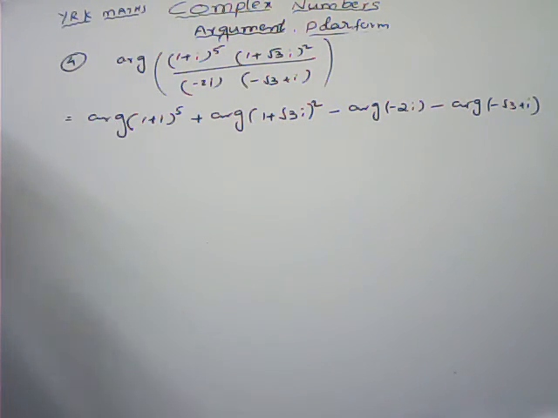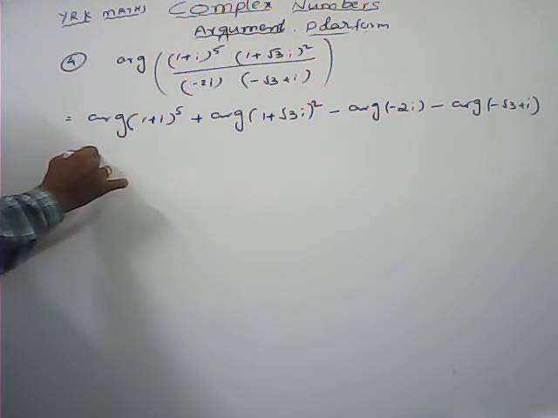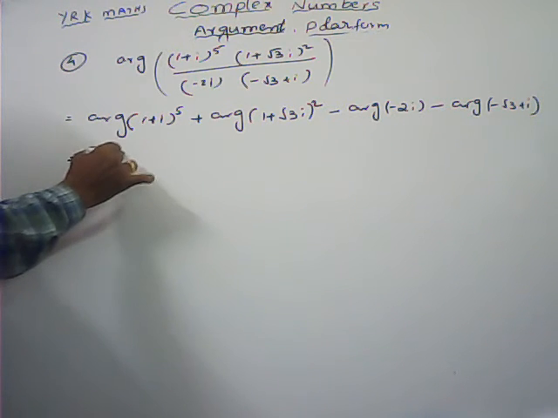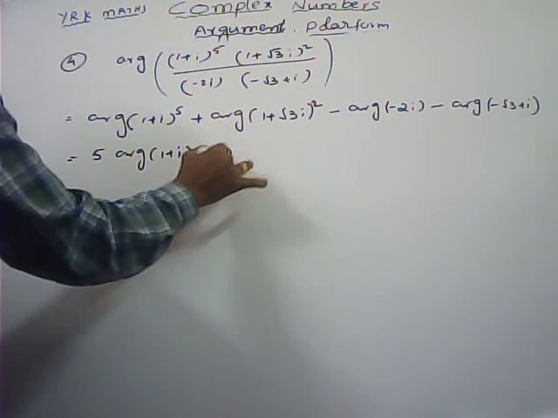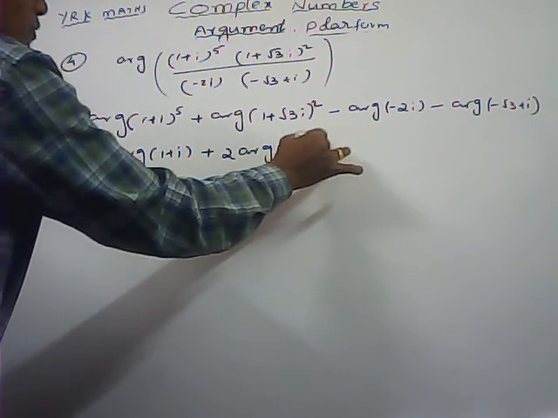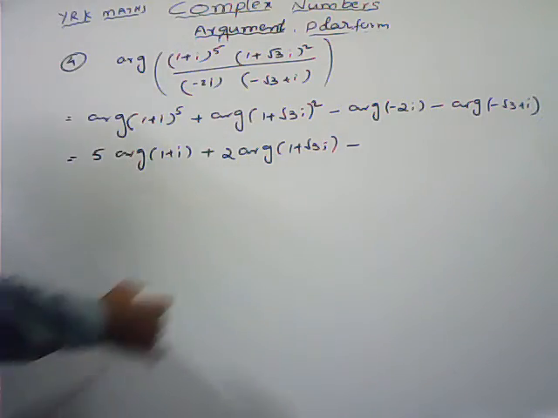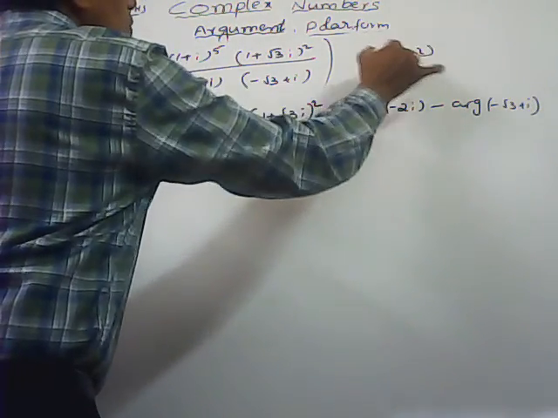Now one more property is there: argument of z power n we can write as n into argument of z. So 5 into argument of (1 plus i) plus 2 into argument of (1 plus root 3 i) minus, here minus 2i, what is the point? That one is (0, minus 2), which lies on the negative direction of the y-axis.